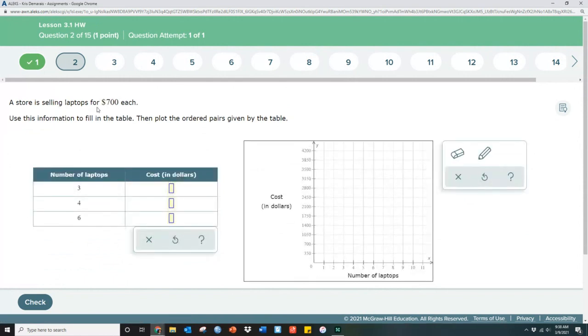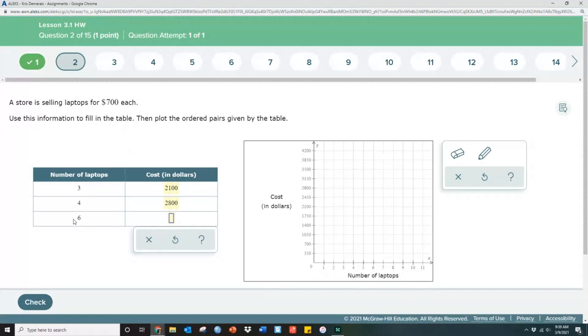So the store is selling laptops for $700 each. So if we're selling 3 laptops, then it's 3 times 7 is 21, but then you have 2 zeros. And of course, I'm doing this all in my head. You can write this down or put it in a calculator if you desire. But then it's 4 times 7 is 28, so I just do 28 with 2 zeros.